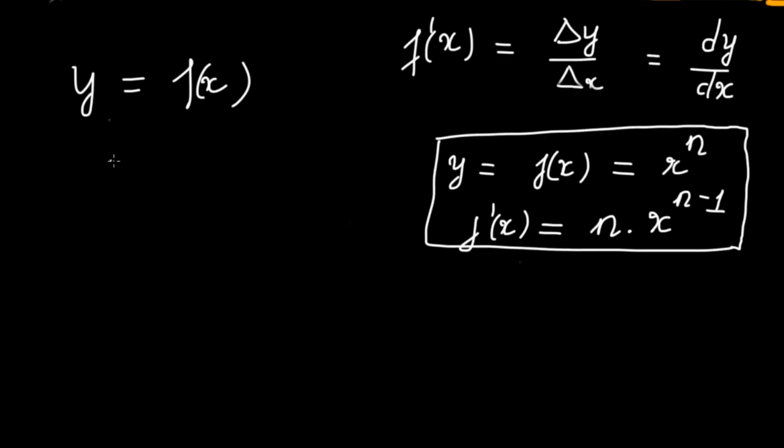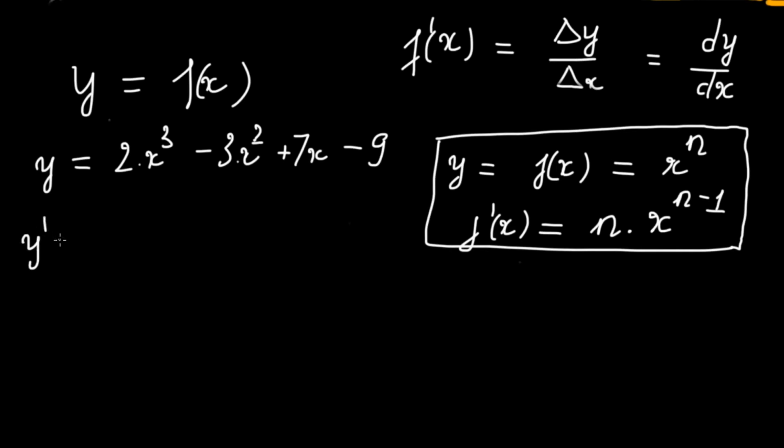Now, let's find the derivative of y equal f of x equal 2 times x to the third minus 3 times x squared plus 7x minus 9. When we find the derivative of this whole expression, we can split the whole problem into smaller, easier problems like this. y prime equal the whole thing's prime, right?